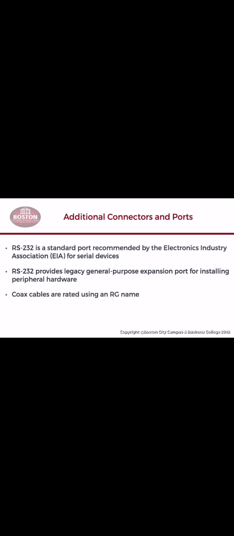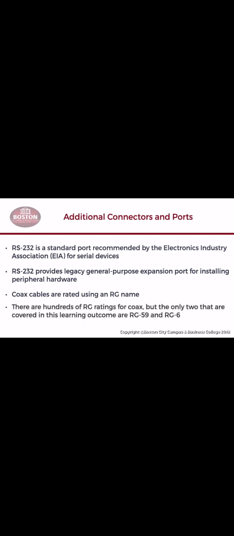Coax cables are rated using an RG name. There are hundreds of RG ratings for coax, but the only two that are covered in this learning outcome are RG59 and RG6. Both standards are rated by impedance, which is measured in ohms.